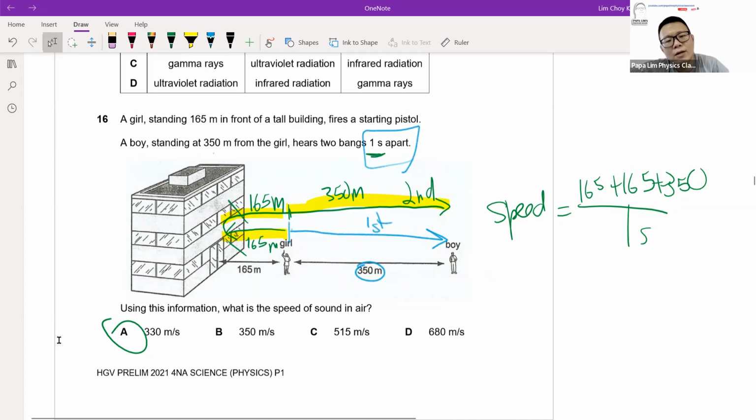Sometimes, if you are urgent, let's say you're running out of time and you only have the last 10 minutes and can't really complete the working, I would say just remember the speed of sound in air, which we all know is roughly a constant of 330, 340 meters per second. So for question 16, if you look at eliminations, I will be able to eliminate C and D because I know the speed of sound in air is 350 and 330.